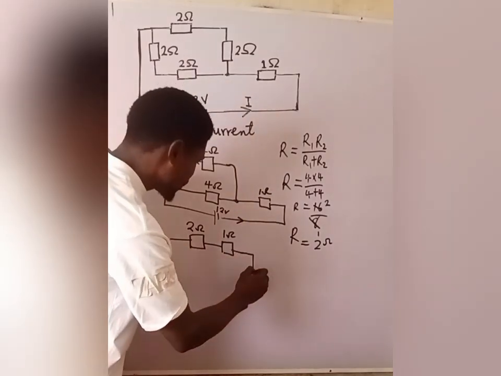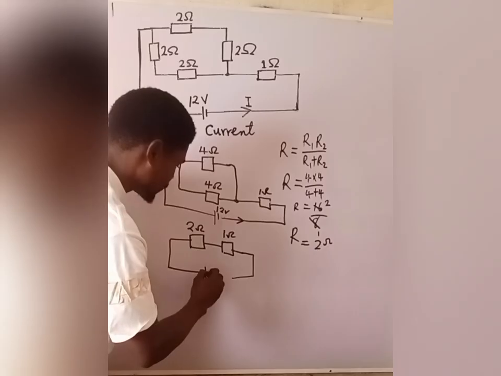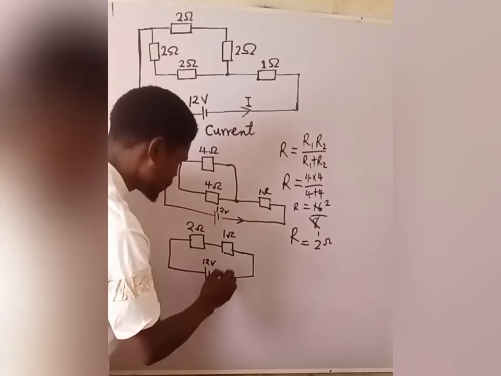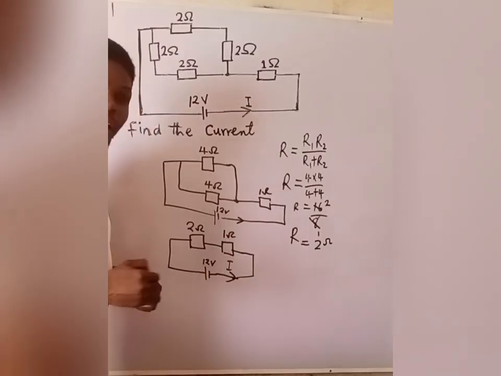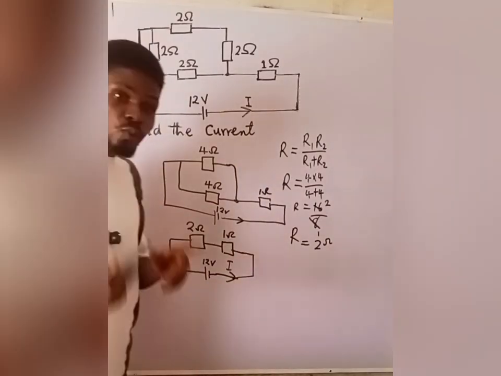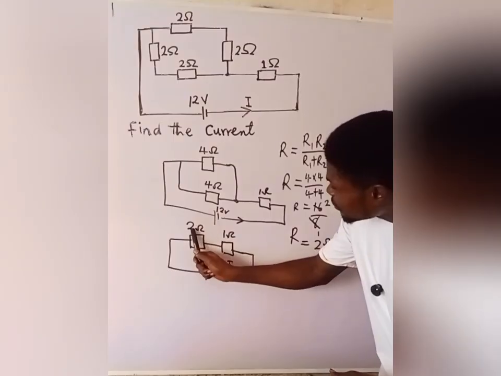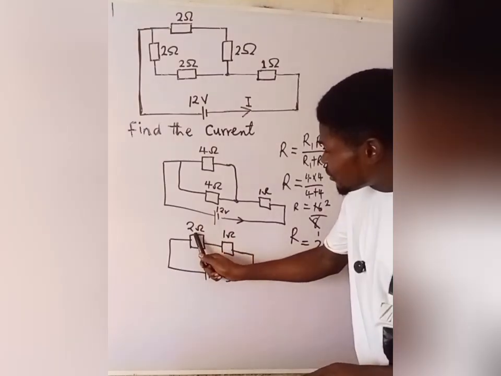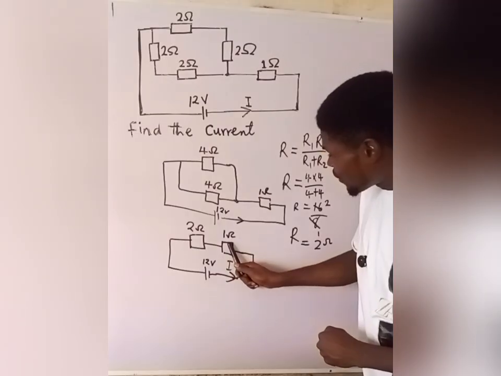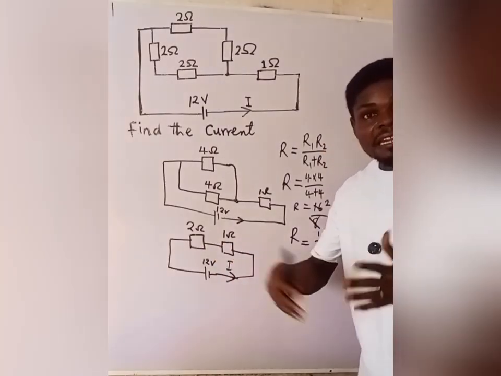Okay, then going further, we still represent our diagram like this. We still have the 12 volt supply, and then the direction of the current I. Then what we are going to do now is to look at the 2 resistors that we have, 1 and 2. The resistance of this resistor here is 2 ohms. The resistance of this other one here is 1 ohm. And if you look at the two of them, they are now arranged in series.